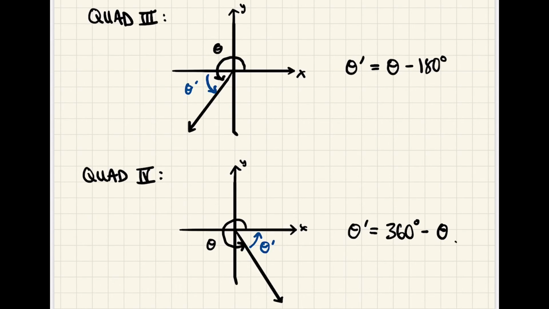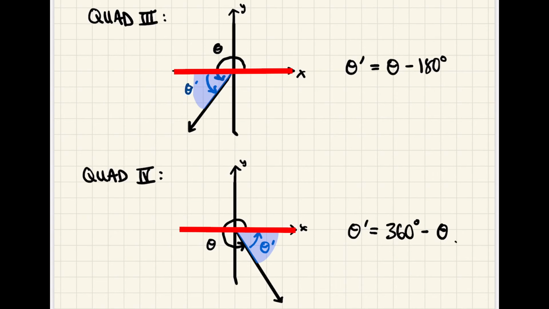So the way that we calculate a reference angle depends on the quadrant of the angle. But you can see that the reference angle is always acute, meaning it's always going to be between 0 and 90 degrees. It's always positive, and it always involves the x-axis, never the y-axis.